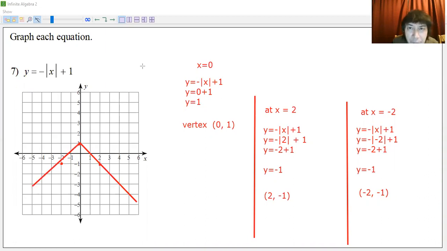Let me redraw that again. I want it a little perfect. All right, so 0, 1 is right here, and then we will connect it to the negative 2, negative 1. All right, so extending it over there.